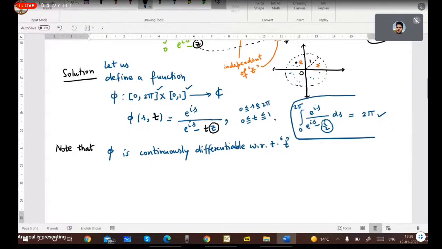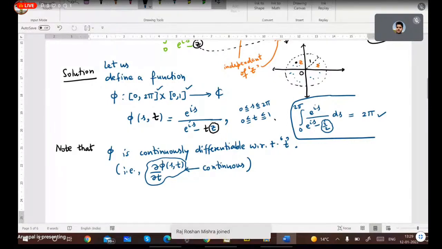Class, this is quite obvious because when you take its partial derivative, I am saying continuously differentiable with respect to t means that if you take the partial derivative of phi with respect to t, then this new function comes out to be continuous.